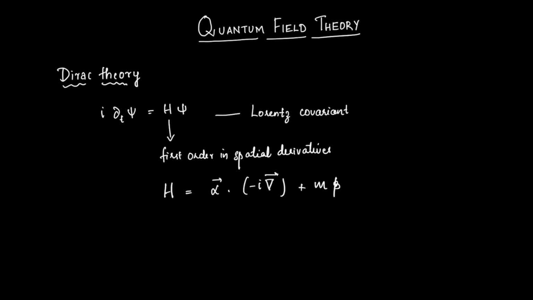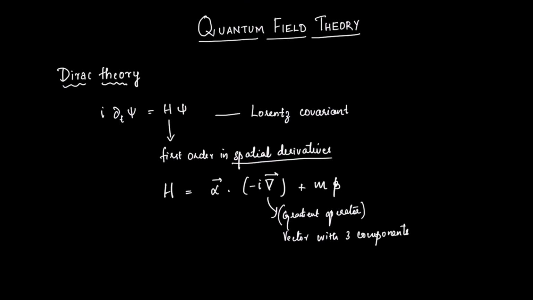Here m is the mass and this operator is the gradient operator. Okay, it represents the spatial derivatives and it is a vector with 3 components.